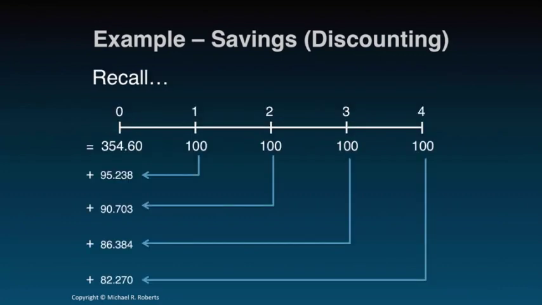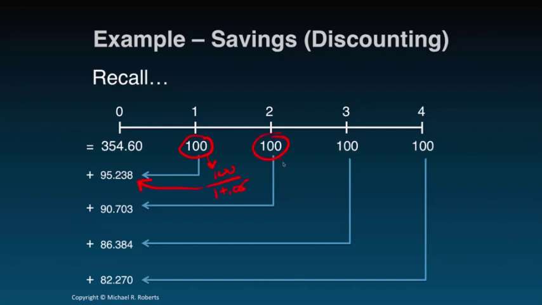Well, recall, the first thing we do is we lay out a timeline. And here are our cash flows, right? We're going to be withdrawing $100 a year over the next 4 years, and the question's asking how much we need today. So what we did is we discounted each of the $100 cash flows by the 5% discount rate to get the present value. So for example, we took this first 100 divided by 1 plus 0.05, and that got us $95.24 approximately.